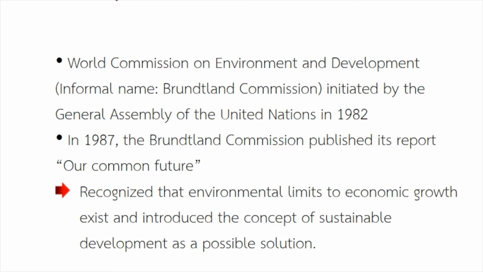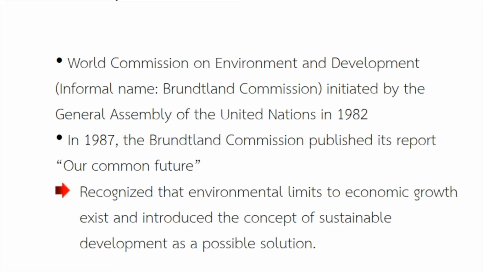The Brundtland Report recognized that environmental limits to economic growth exist and introduced the concept of sustainable development as a possible solution. The report was very influential because it placed environmental issues firmly on the political agenda.